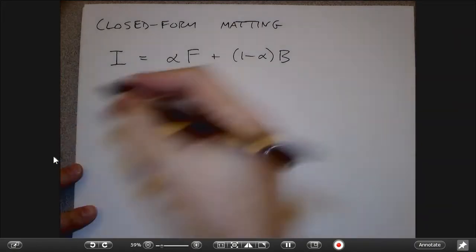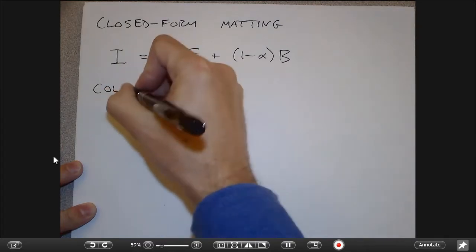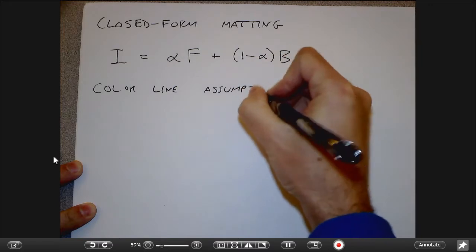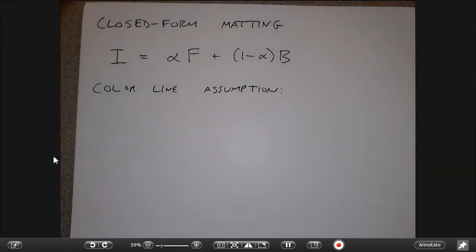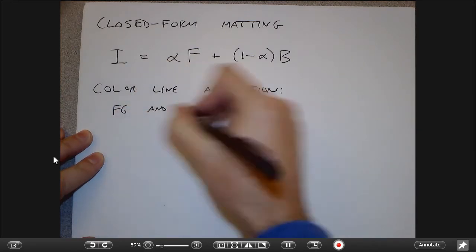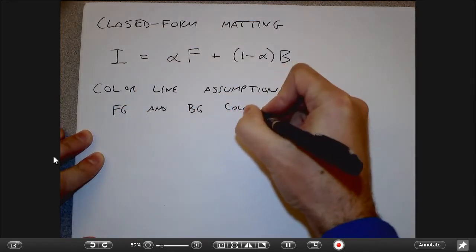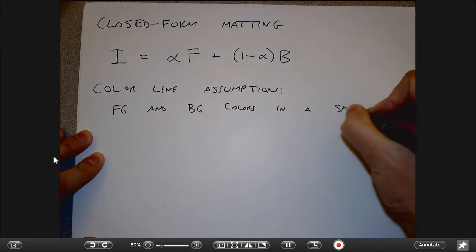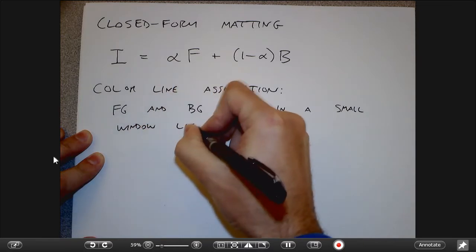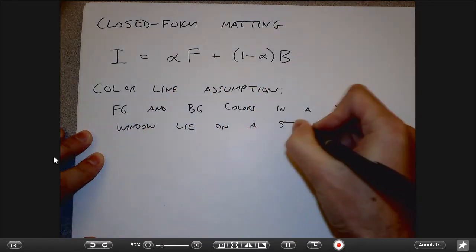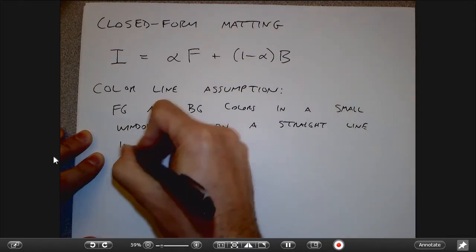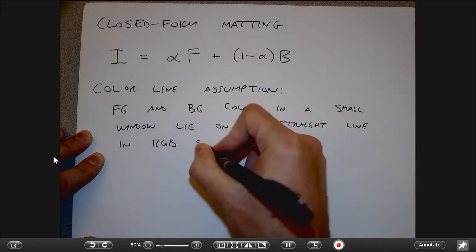And so the color line assumption mathematically says that the foreground and the background colors in a small window lie on a straight line in RGB space.